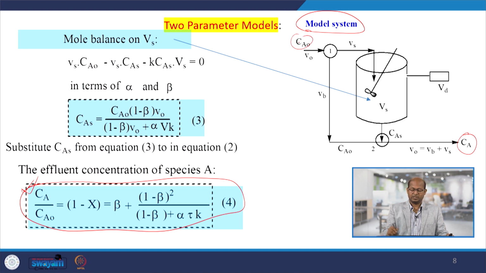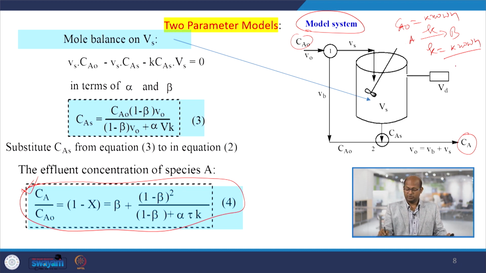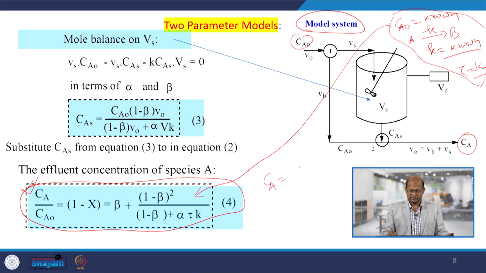If we pass a reaction, considering that C naught is known and the reaction rate constant is known, and tau, the volume by volumetric flow rate, is also known, then if we substitute these components in these equations, we can easily predict Ca, the exit concentration.